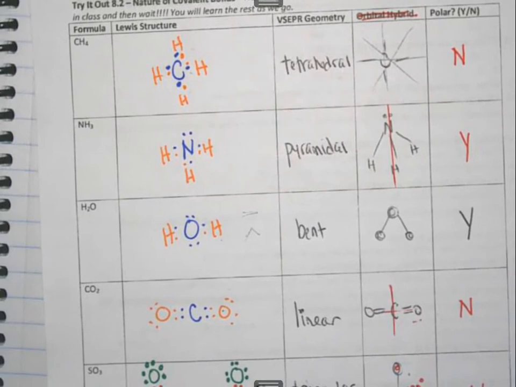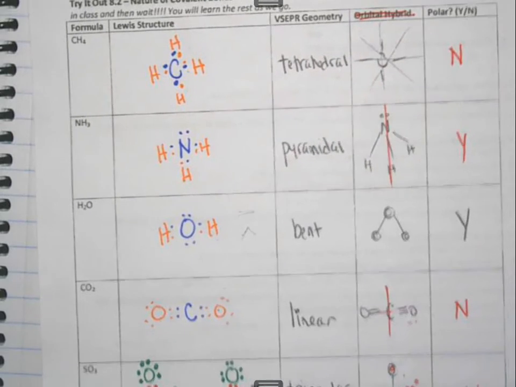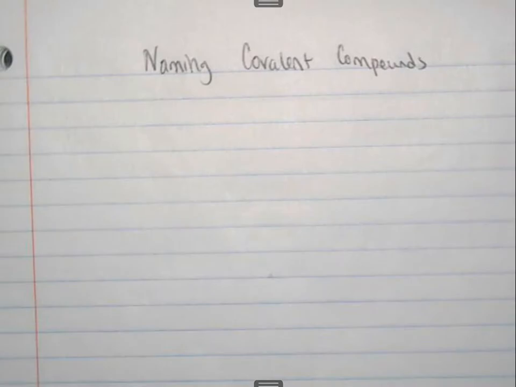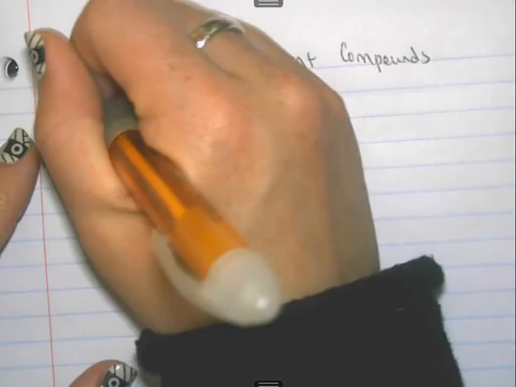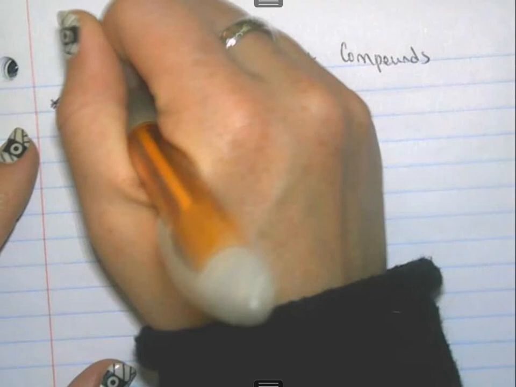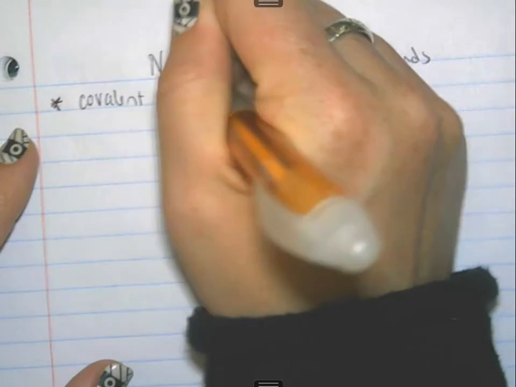Okay? So, if I have two non-metals together, they cannot be named by any of the rules that we currently know. I actually think this set is easier. So, don't forget that covalent compounds have all nonmetals.